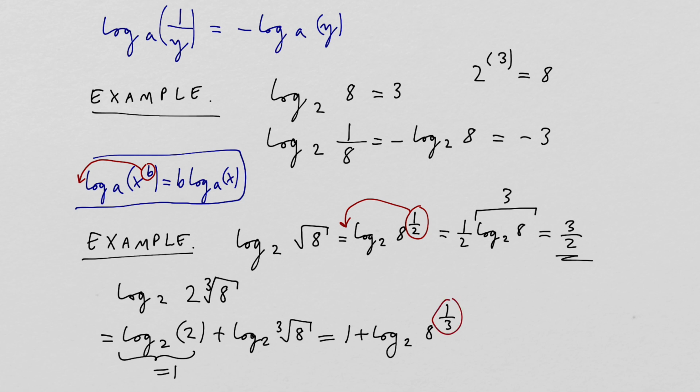The power comes to the front and we get something like this. This is 3. So 3's will cancel out and we will get 1 plus 1, which is 2.